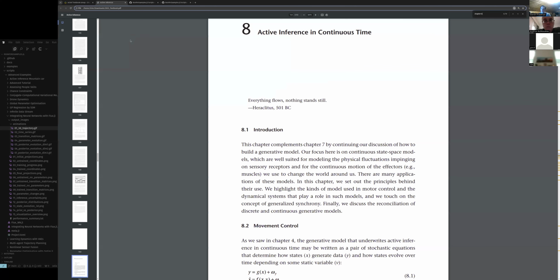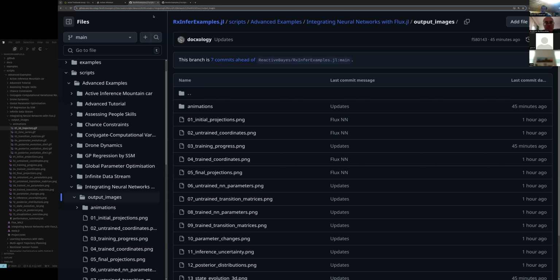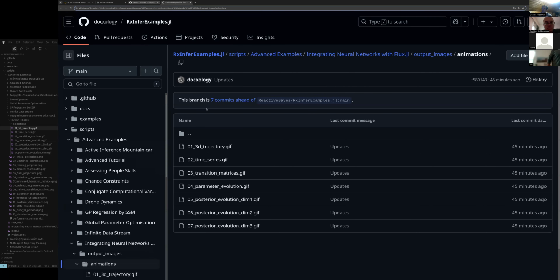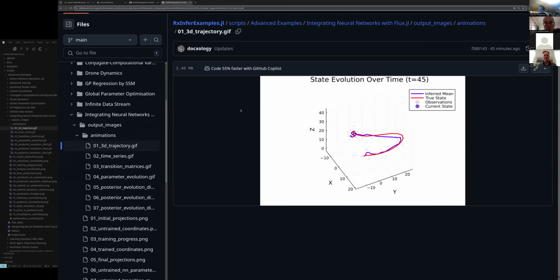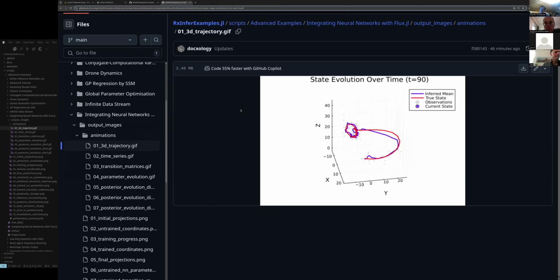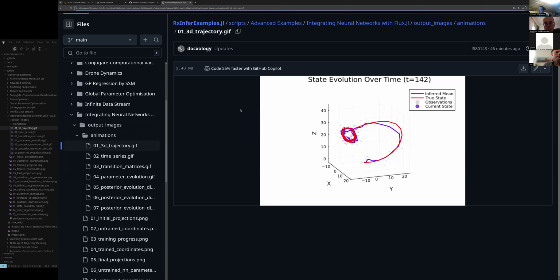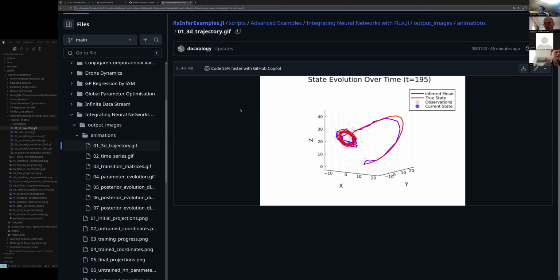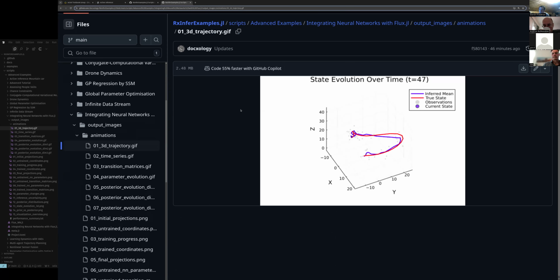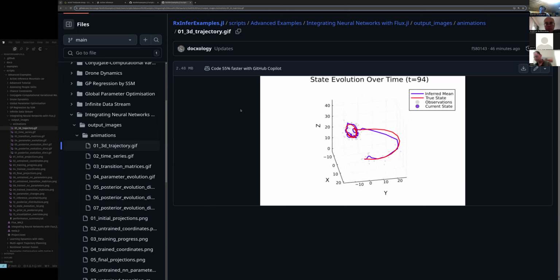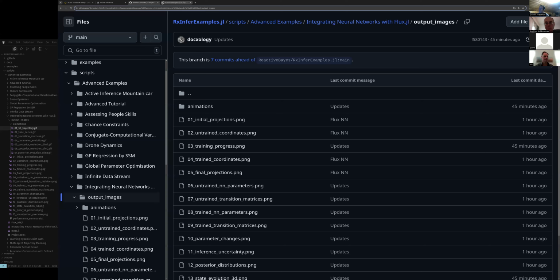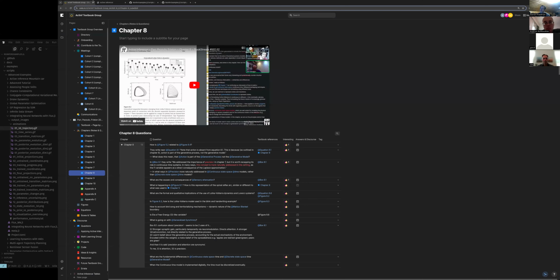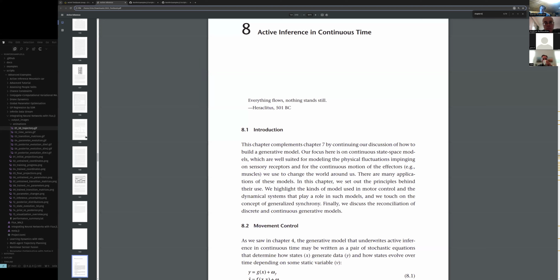Also, I can share some updates on continuous time modeling from this morning in the ActInf group, where we developed on the new example from the ActInf team with the Lorenz attractor and an example with a neural network. So we could talk about that and modify it in the context of continuous time modeling. First, though, let us just go to the chapter.